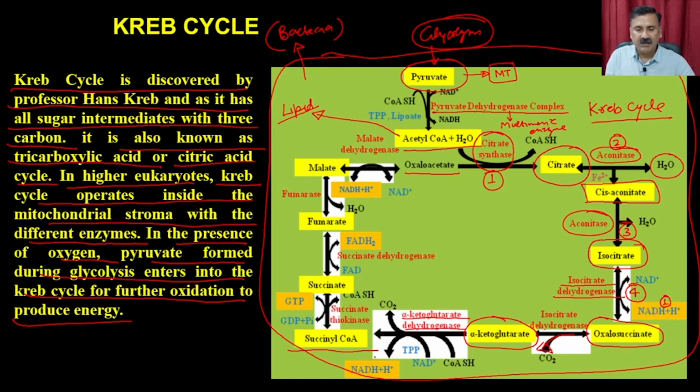There are many types of coenzymes required, like TPP and coenzyme A, right? And in this step, the second molecule of NADH is also produced.